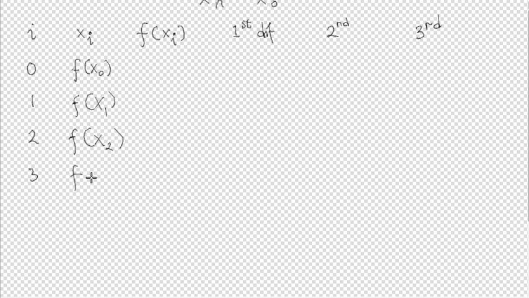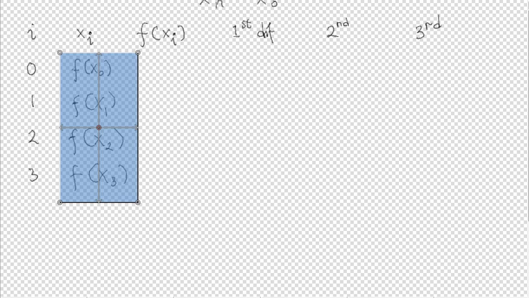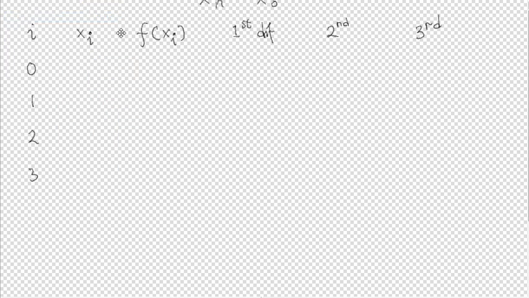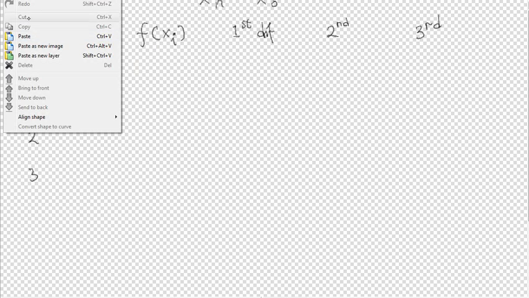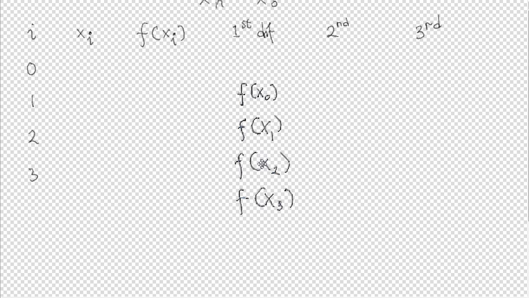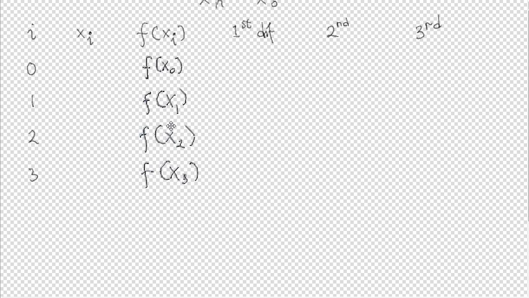X2, X3, then we have here, oh, I'm sorry, it should not be like this. Let me cut this. Oh wait, just this in here, and then okay, this should be x0, x1, x2, and x3.